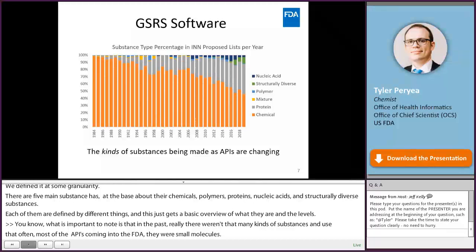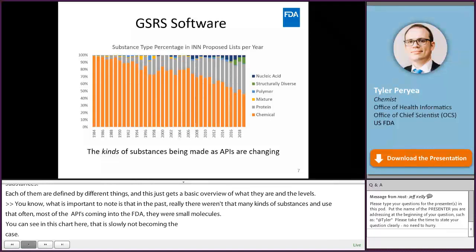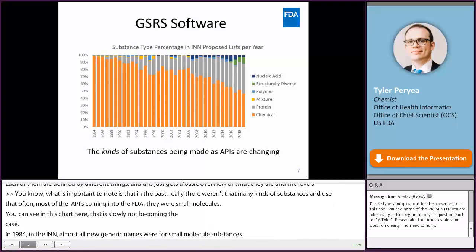So in 1984, in the INN list, the International Non-Proprietary Name Lists, almost all new generic names granted were for small molecule substances. But over time, that's really diminished, and it's to the point now that for every new list of generic names that are approved by INN, only about half, and in fact less than half, tend to be small molecules.